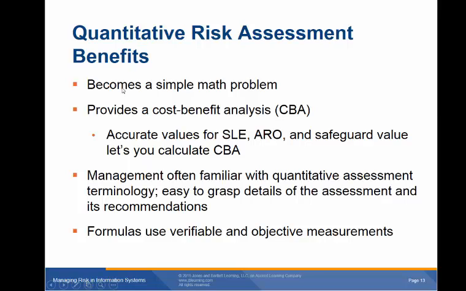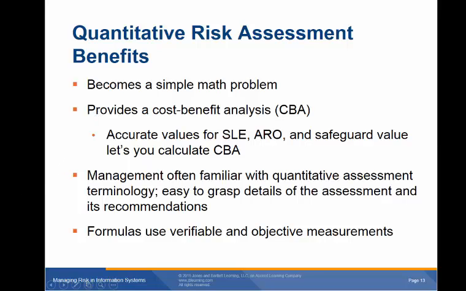As I mentioned before, the benefits of a quantitative risk assessment: it's a simple math problem once all the data is collected, and it provides a cost-benefit analysis. As you get further into the book in this course, we'll talk about the CBA, cost-benefit analysis.